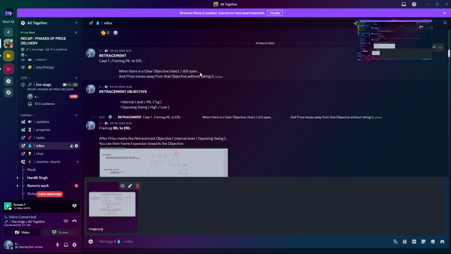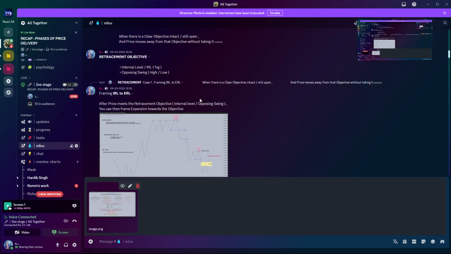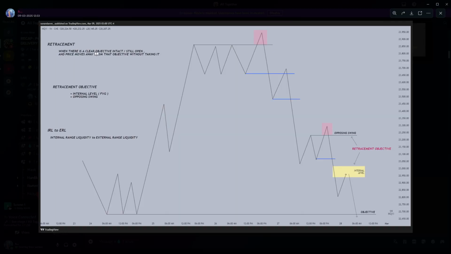Clear objective open, price moves away from that objective without taking it. This move higher, you would tell yourself this is most likely a retracement, because there is an objective pending and price starts making an opposing run to the objective. You would then see this move higher as a retracement.